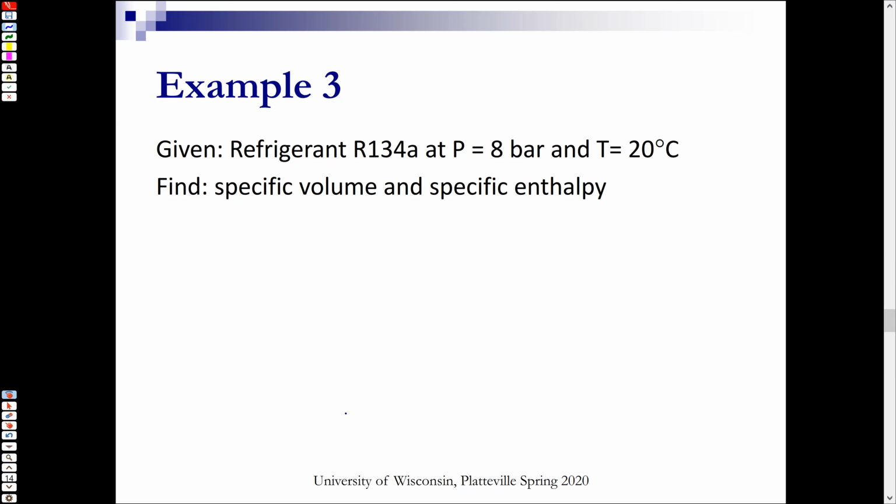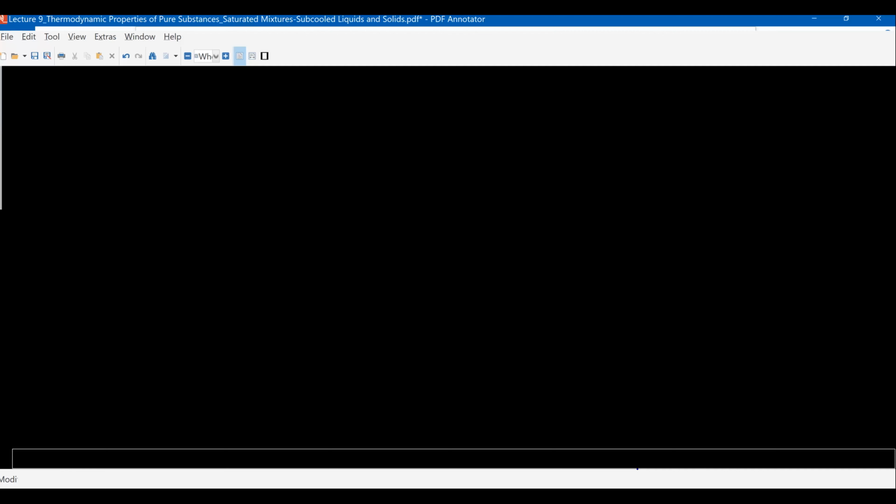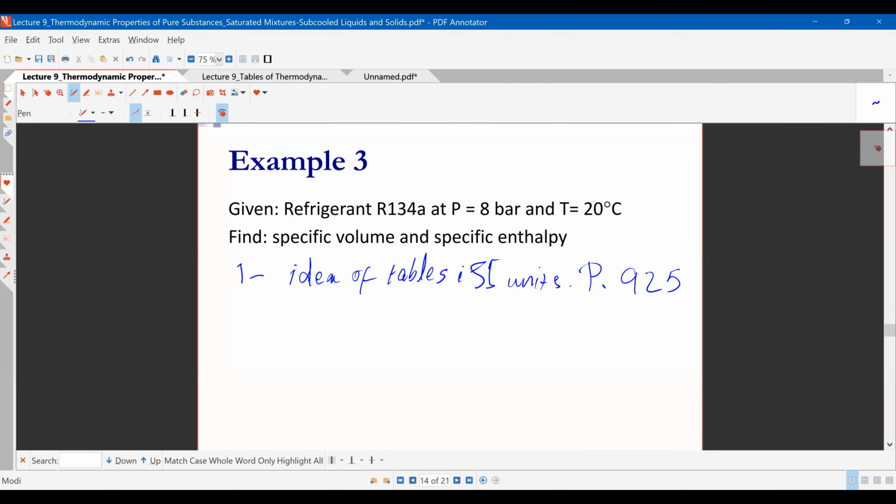So my first step, step 1, is to refer to the index of tables in SI units, on page 925. Let me go over this table and we can see it together. Let's go over the textbook together. Here is our textbook.